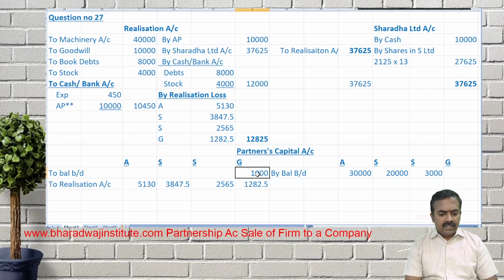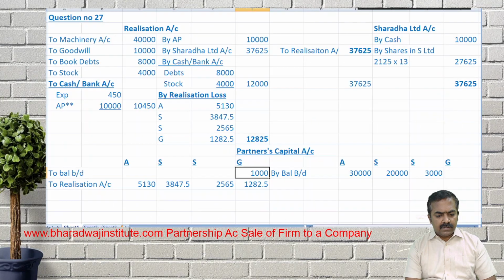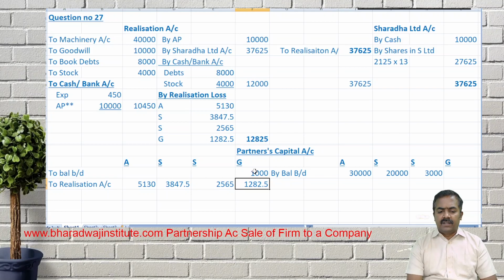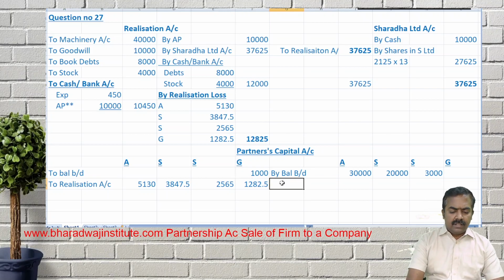The 1,000, who is having a negative balance? G, isn't it? What is the loss? 1,000 plus 1,282.5. Okay. By deficit of which partner?